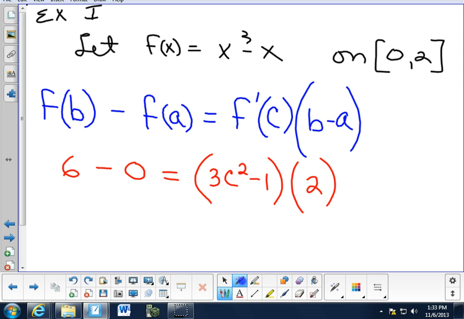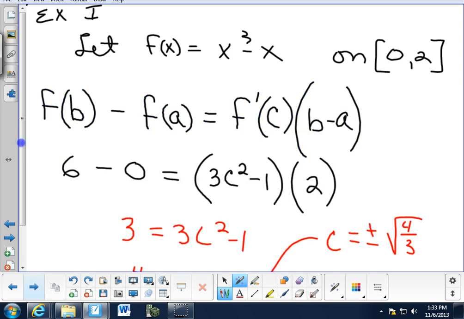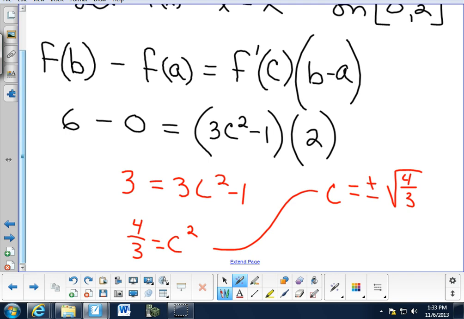So do a little arithmetic. Divide both sides by 2. Add 1. Divide by 3. Take a square root. Ooh, what do you notice? Uh-huh. Got a positive and negative.